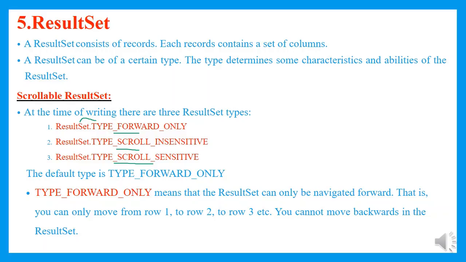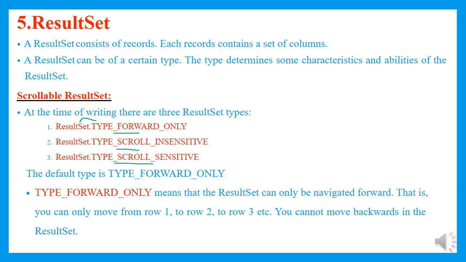When I pass the constant field as TYPE_SCROLL_INSENSITIVE, the cursor can move in the forward direction as well as the backward direction. Along with that, the cursor can jump from one location to another location.